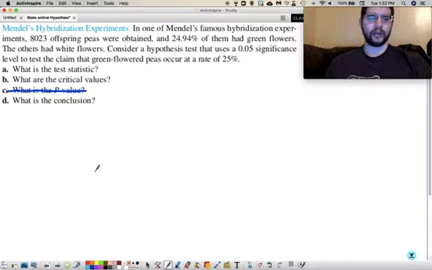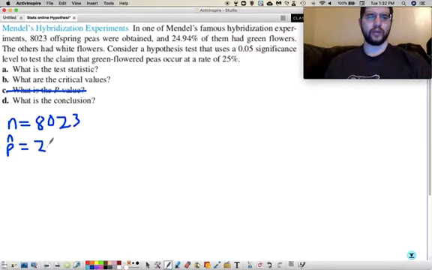So let me go ahead and write down all my info. In one of Mendel's famous hybridization experiments, 8,023 offspring, there's my N, were obtained. 24.94% of them had green flowers. So P hat, that's our sample, is 24.94.